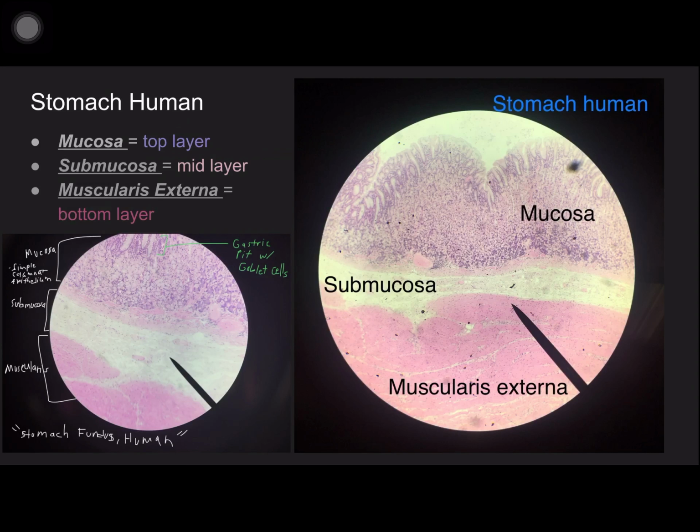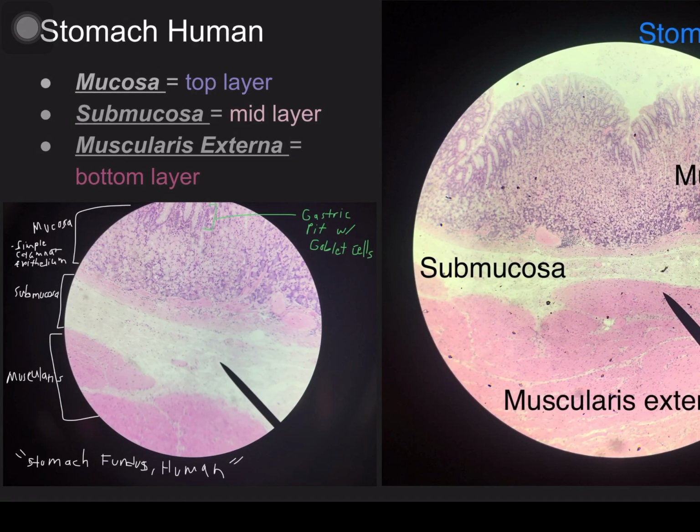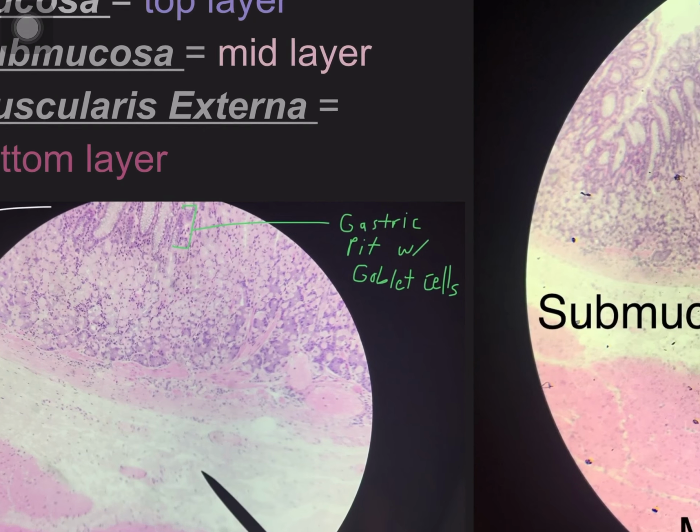So now we're looking at a stomach. Now we go all the way until the muscularis externa layer. So stomach, human: we have a mucosa on the top, then a submucosa, then a muscularis externa bottom layer. The mucosa of the stomach has simple columnar epithelium, which makes sense because there's going to be some secretions going on there.